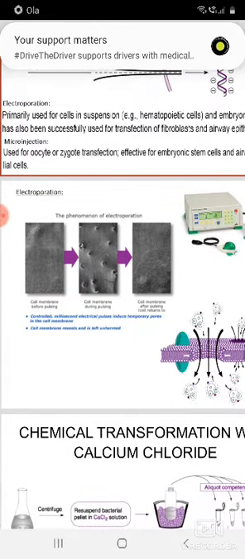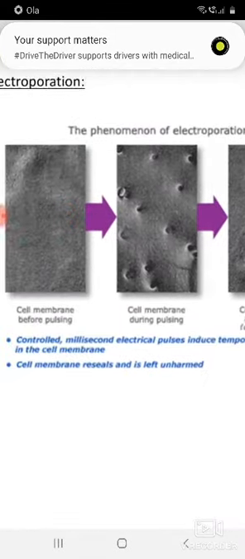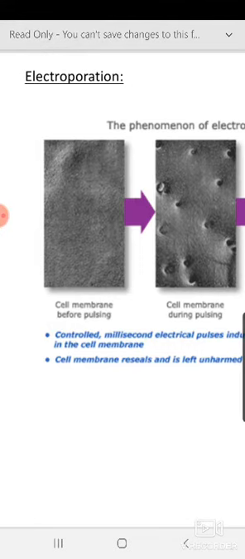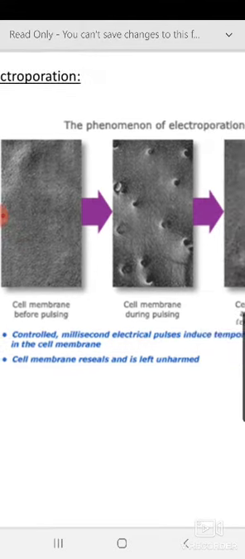Now a little detail about electroporation. You can see the method. You need to give an electric impulse of a certain voltage, so that there will be temporary hole formation in the cell membrane during that pulse, and it is a temporary, transient thing.